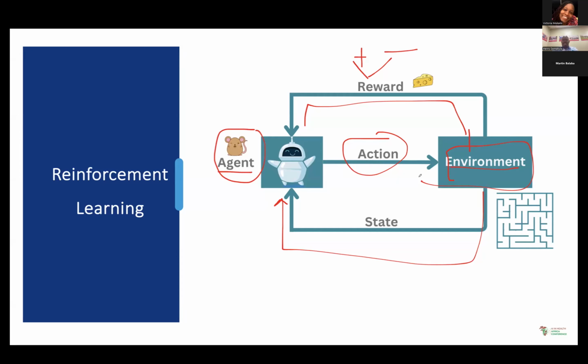Maybe the baby will make 3 or 4 steps. So the walking is the action the baby is making. And when a baby is trying to learn to walk, the person with the baby, or the mom, we always try to clap for the baby or to give a sweet, and that is the reward. In that instance, that is a positive reward to encourage the baby to learn to walk. And there will be a change of state in terms of moving from one step to another.